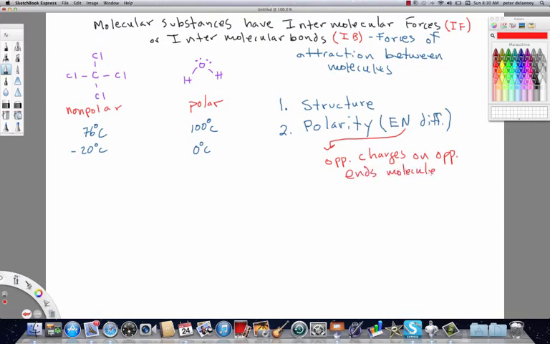All right, and that goes back to the idea, all right, we're going to take this molecule, we're going to put it between two oppositely charged plates. Does the thing line up between the plates? And carbon tetrachloride, for example, is going to have random orientations between oppositely charged plates, whereas your water molecule is going to be lined up in a fixed manner because there's opposite charges on opposite ends of the molecule.